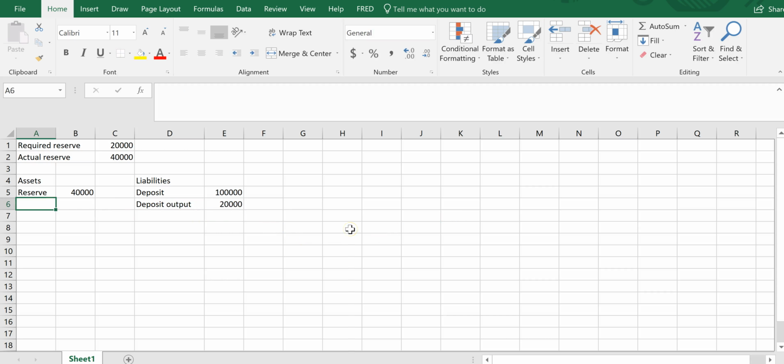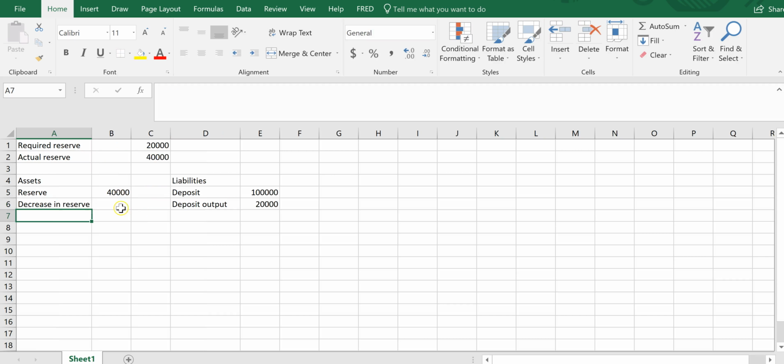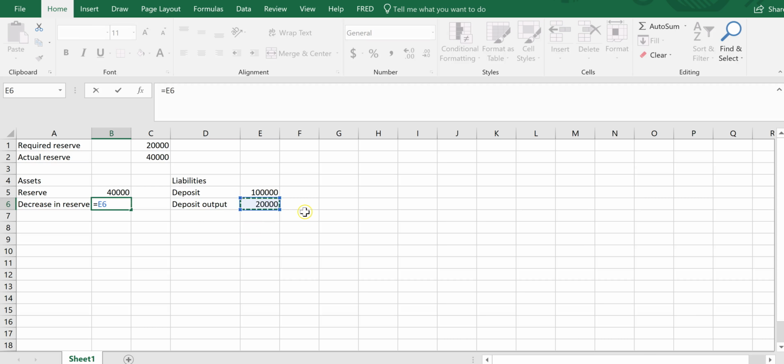Again, because of decreasing reserves, this has to equal this deposit outflow. As we explained, these two numbers have to match, otherwise the balance sheet cannot be balanced.